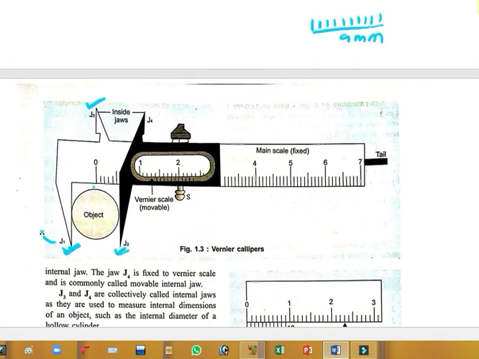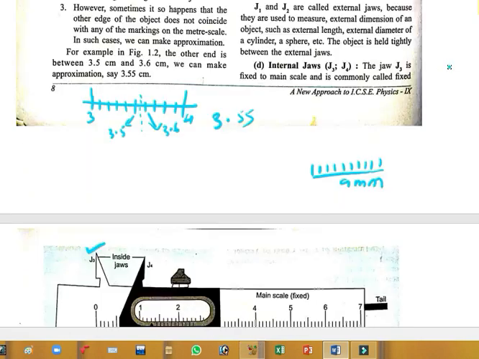J1 is on the main scale, whereas J2 is on the vernier scale. Okay, we have other jaws also, J3, J4, so we will learn that.